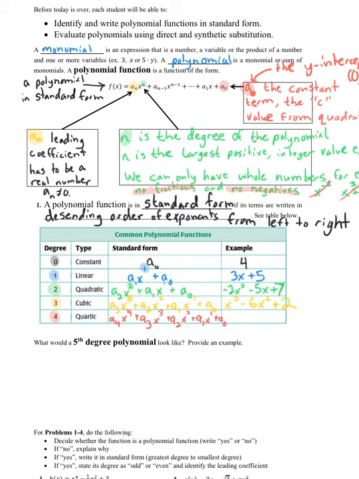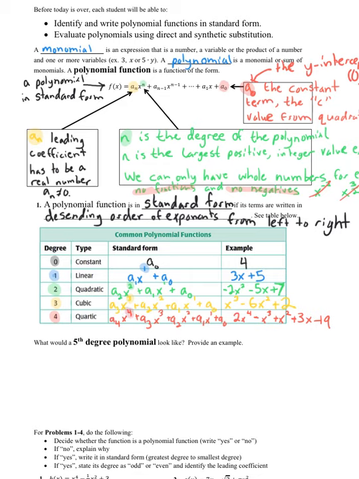Hopefully that pattern makes sense to us. A good example of something like this, 2x to the fourth minus x cubed plus x squared plus 3x minus 19. Something random like that. But it always goes in what's called descending order. It goes from the fourth power to the third power to the second power to the first power, and then x to the 0 power we don't need to write down.